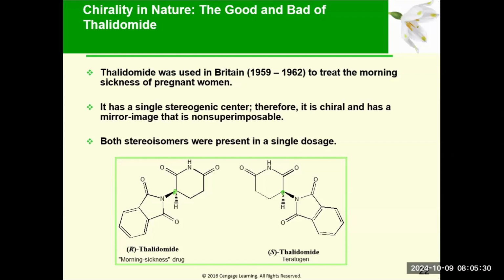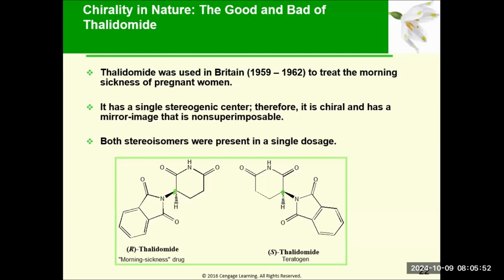However, in the drug in 1959 to 1962, both stereoisomers were present in a single dosage. Because of how it was synthesized, they didn't isolate the two. They didn't realize it was so important. So you had what we call R-thalidomide, and I'll explain what the R means, and you had S-thalidomide.